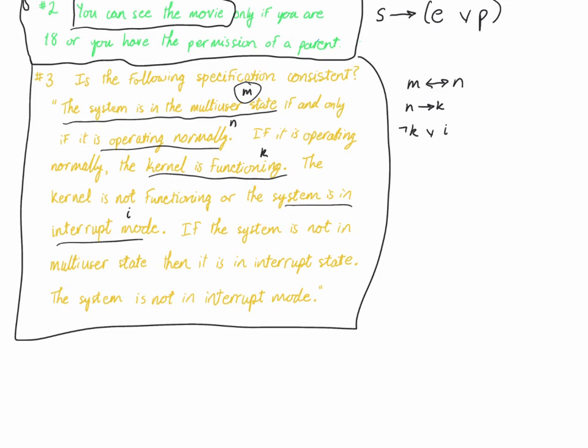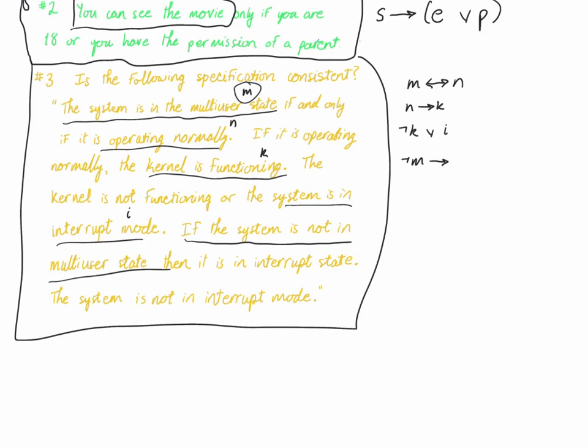And here I'm going to use the inclusive disjunction. Does that seem correct? Could it be simultaneously not functioning and in interrupt mode? I think it could, right? Unless there's some particularly strong reason to think that this should be exclusive, then I'm not going to use the exclusive disjunction.